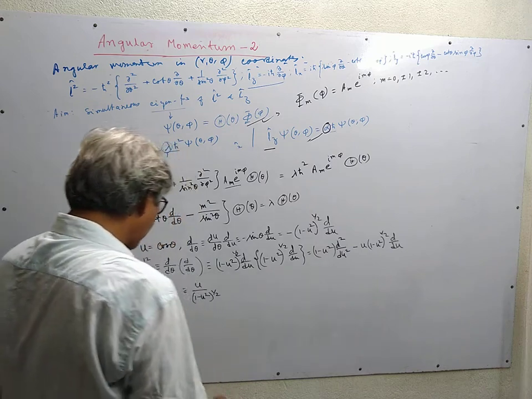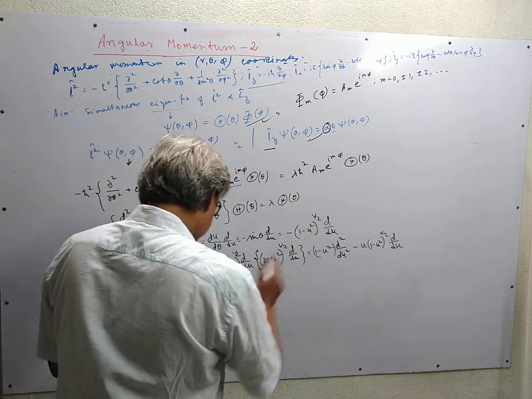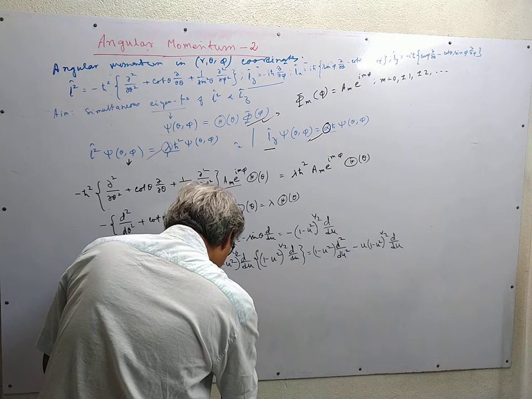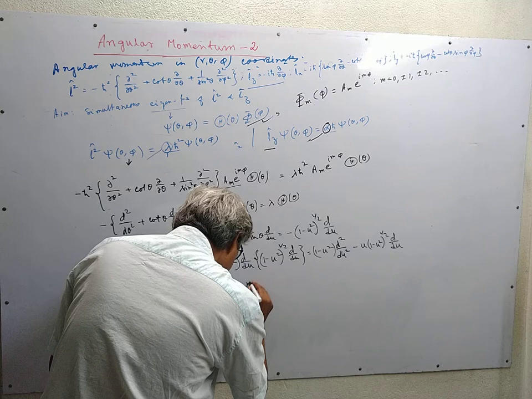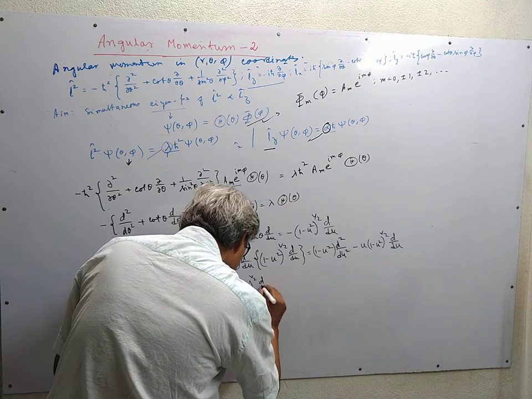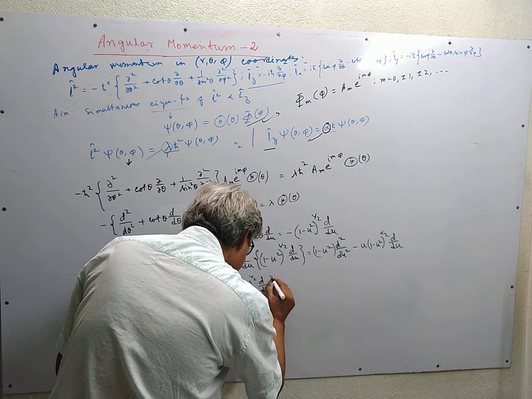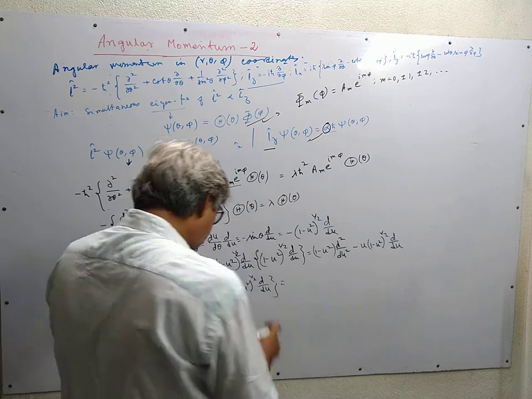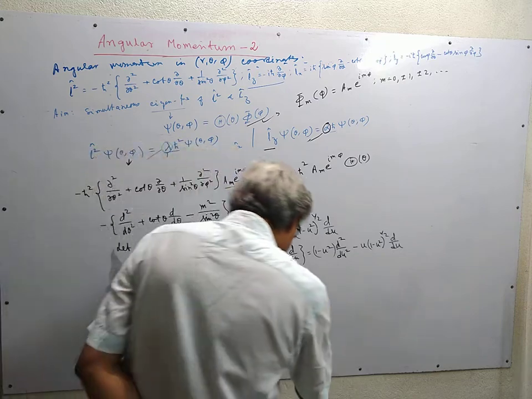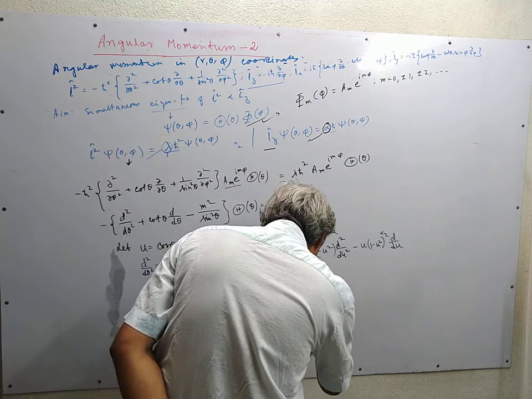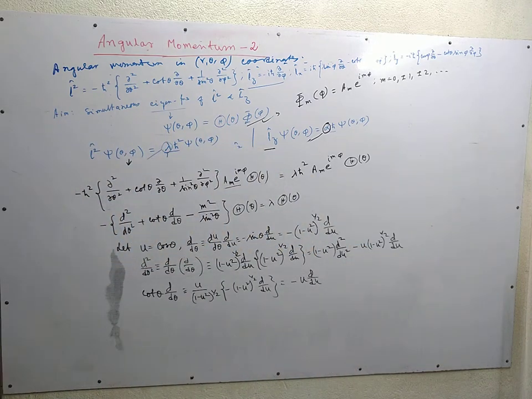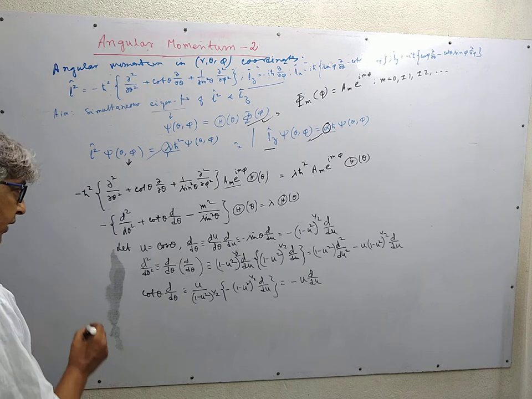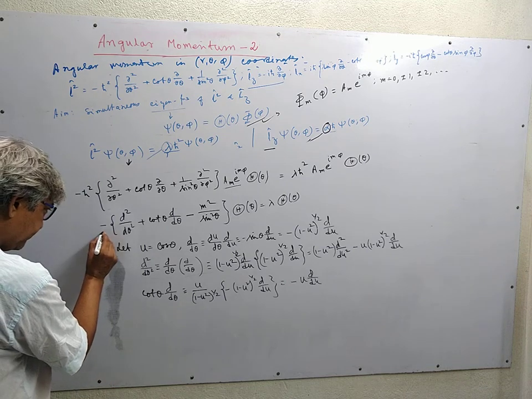And for d by d theta, I write this expression. So altogether, these two powers cancel, and this becomes minus u d by du.